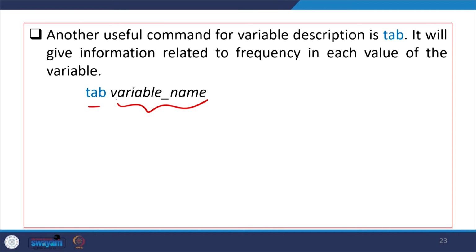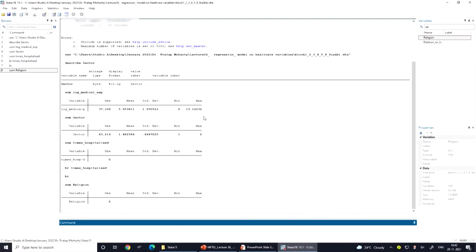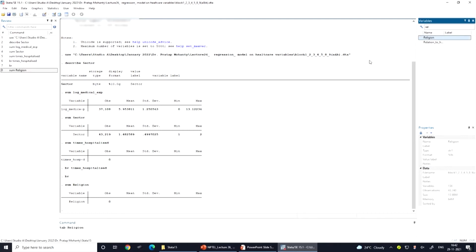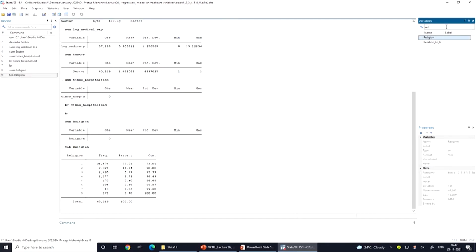You give the tab command and then the variable name. Or if I say only ta, then any variable, let it be the same religion. Okay, enter. This is going to give me frequencies and cumulative frequencies.